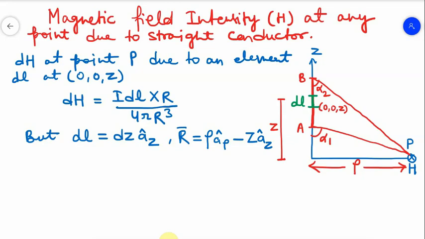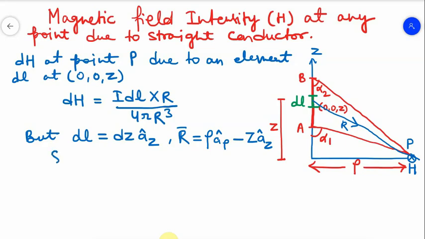Because rho is increasing in this direction, and z is increasing in this direction, and this is your R vector. So this R vector is in this direction, so obviously it has to be inverted, then this will follow the triangle rule. So rho a rho minus z a z.